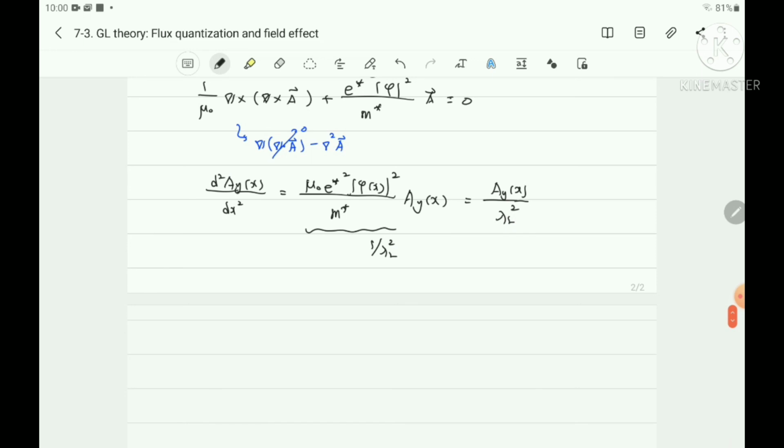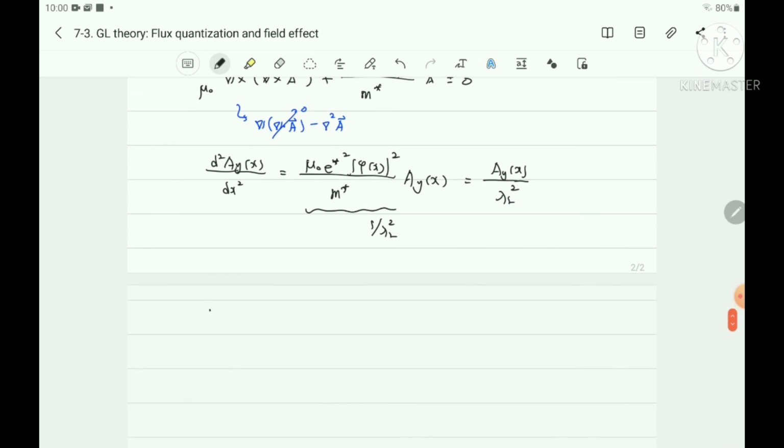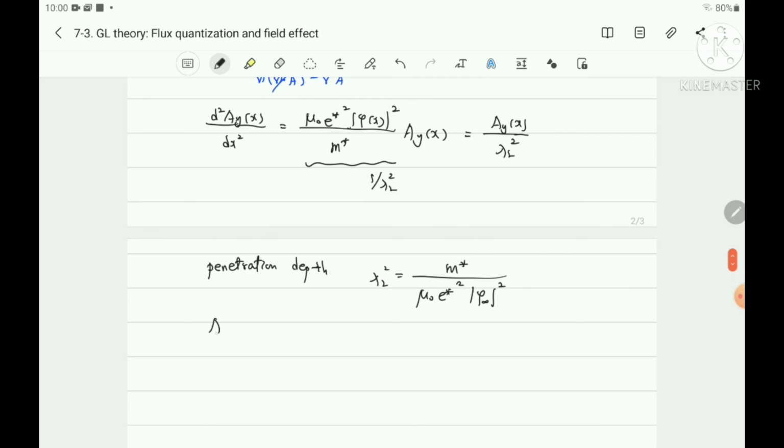Then the penetration depth is defined by lambda L square equals m star over mu 0 e star square phi infinity square. And in this case, the solution of this equation is A y x equals A0 exponential minus x over lambda L.